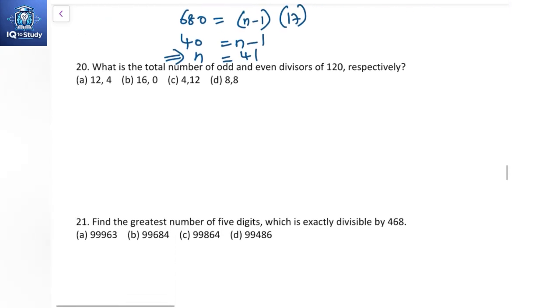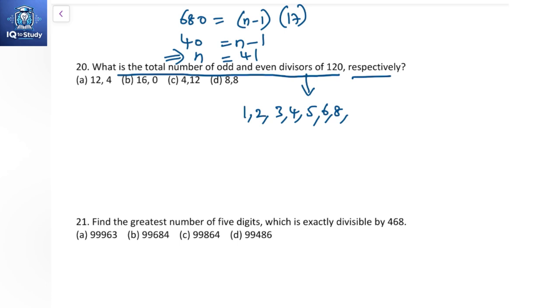What is the total number of odd and even divisors of 120 respectively? Odd and even divisors of 120 means all divisors of 120, that implies 1, 2, 3, 4, 5, 6, 8, 10, 12, 15, 20, 24, 30, 40, 60 and 120.